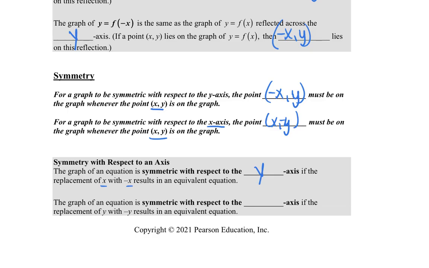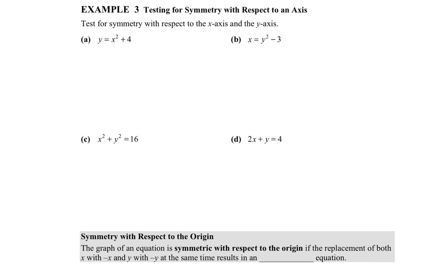And the graph of an equation is symmetric with respect to the x-axis if the replacement of y with negative y results in an equivalent equation. So if you're looking for symmetry with respect to an axis, if you replace your x with negative x and you get the same answer, then you have symmetry with respect to the y-axis. All right, so let's do some examples.